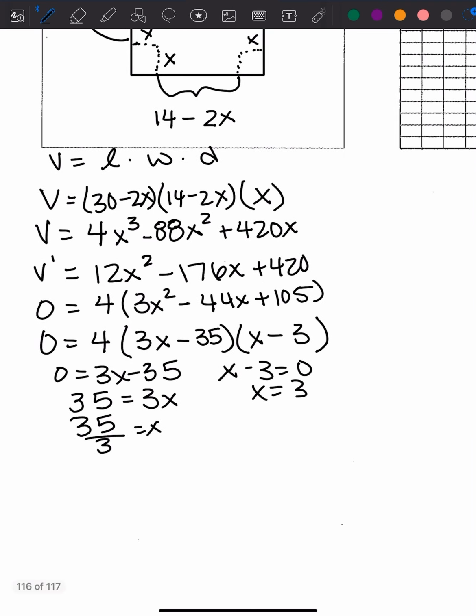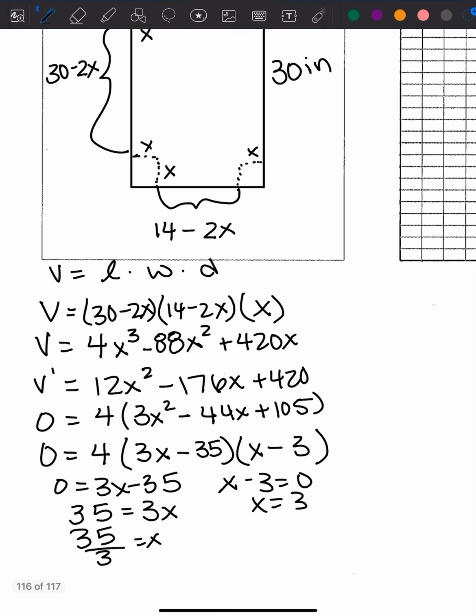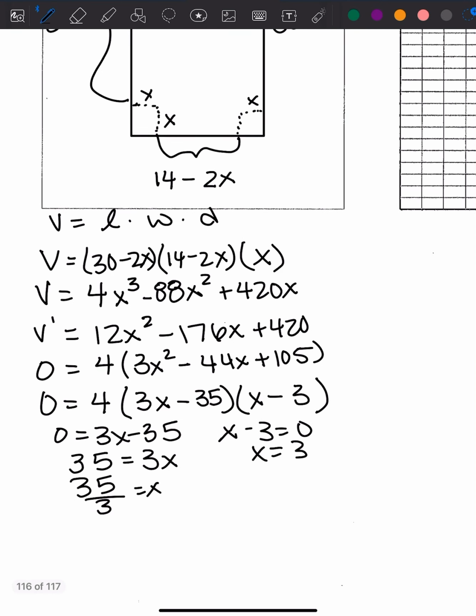So now we need to decide maximum, minimum, and things like that. When I look at this problem, we have 2 x values. So looking at which one's a maximum, which one's a minimum is kind of important. The other thing that we want to keep in mind is we're talking about a piece of paper. 35 over 3 is a little bit more than 11. It's almost 12.